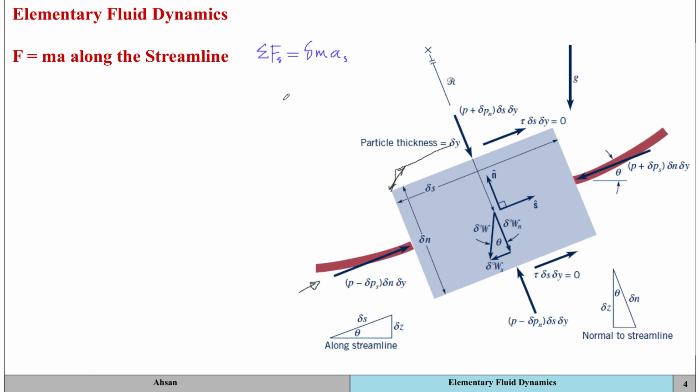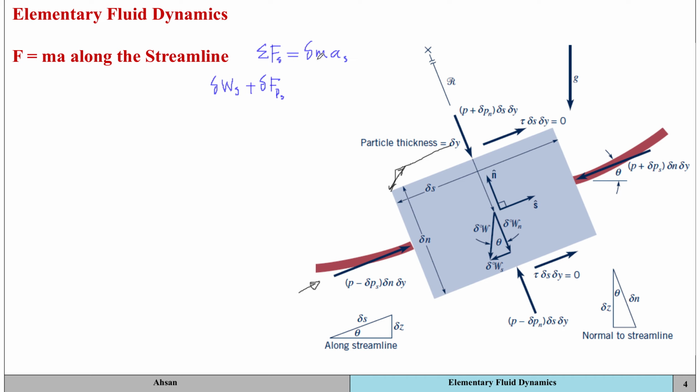And because we've got a differential element, the mass of this fluid element is going to be delta M, and the acceleration in the streamline direction is the streamwise acceleration AS. And the forces, because we're looking at the sum of forces in the streamline direction, it's going to be the component of the weight force in the direction of the streamline, summed up with the pressure forces in the streamline direction.